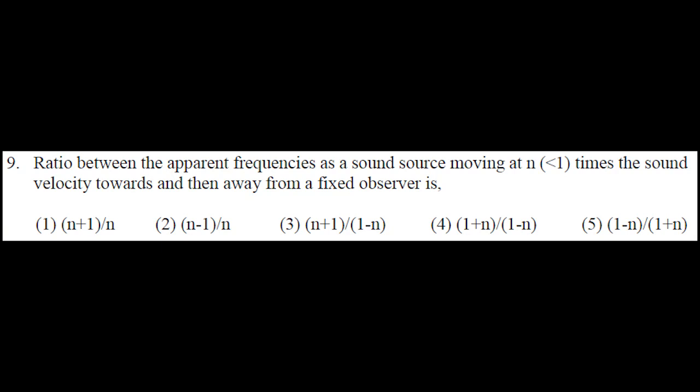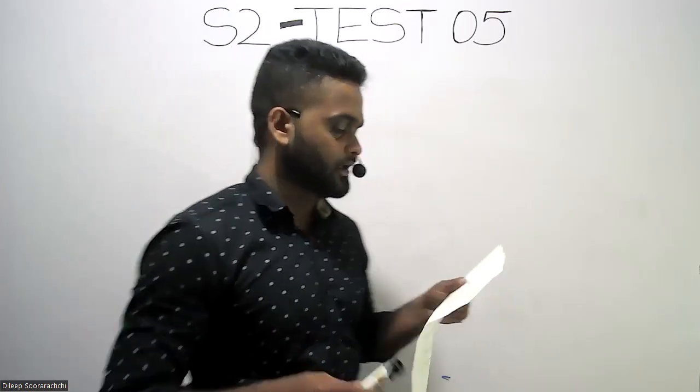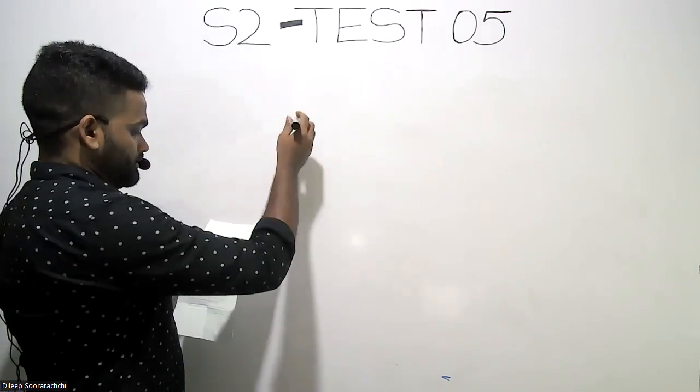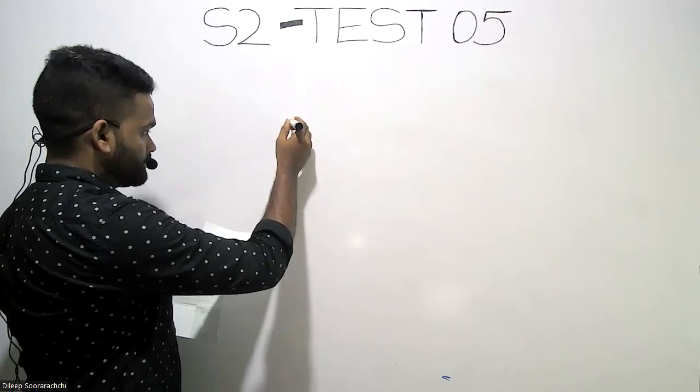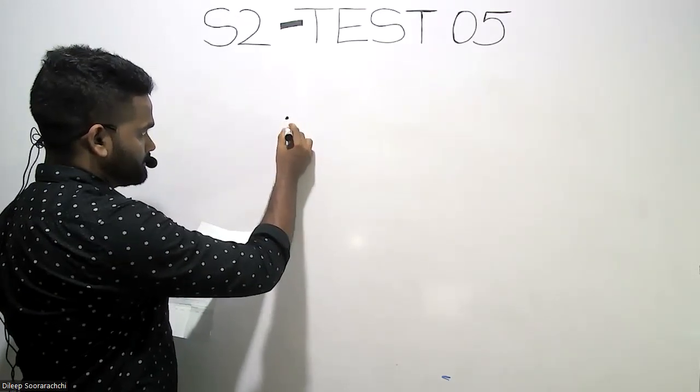Okay, ninth question. The ratio between the apparent frequencies of a sound source moving at n times the sound velocity towards, and then passing away from, a fixed observer is? Okay, here the sound source is moving, and this is the observer.